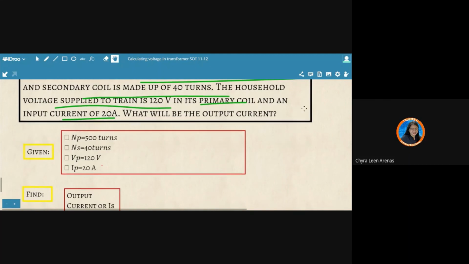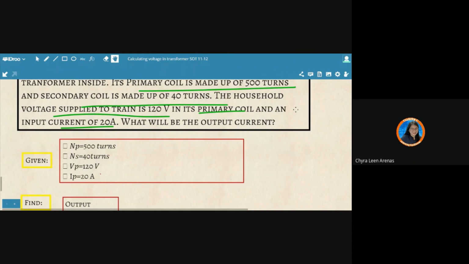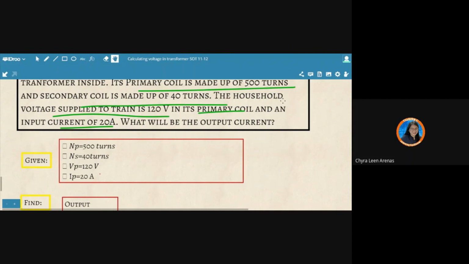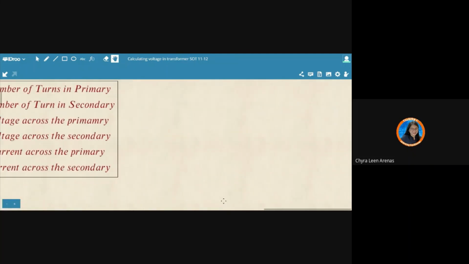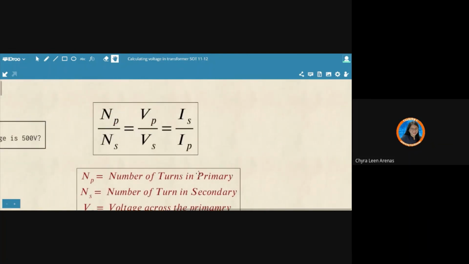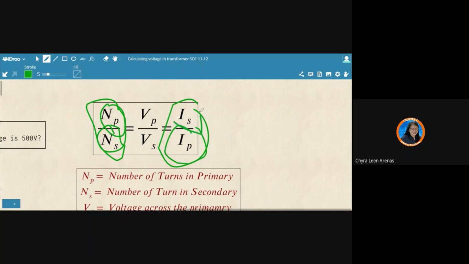So you have complete givens, number of turns, primary and secondary, and you have to find the output current. The formula you are going to use involves NP, NS, IS and IP, the secondary current and the primary current, because you have primary and secondary turns, and you have primary current, and you have to find IS.